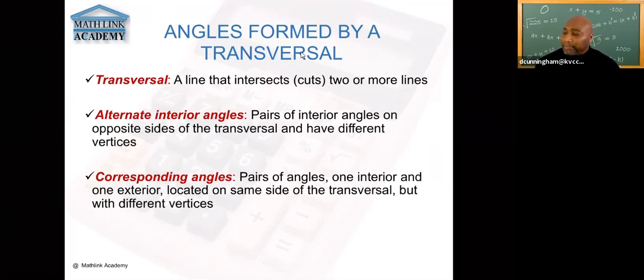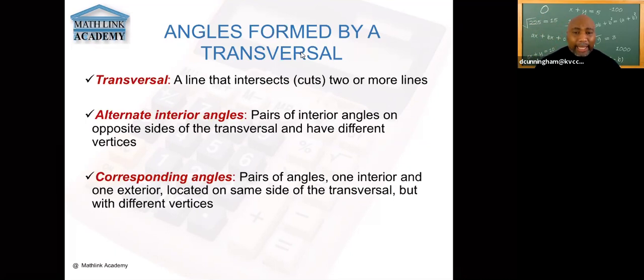From that, you have alternate interior angles, and that's important. Alternate interior, as the name says, means they are interior angles on alternate sides. Then we have corresponding angles, created by the transversal and these two lines.